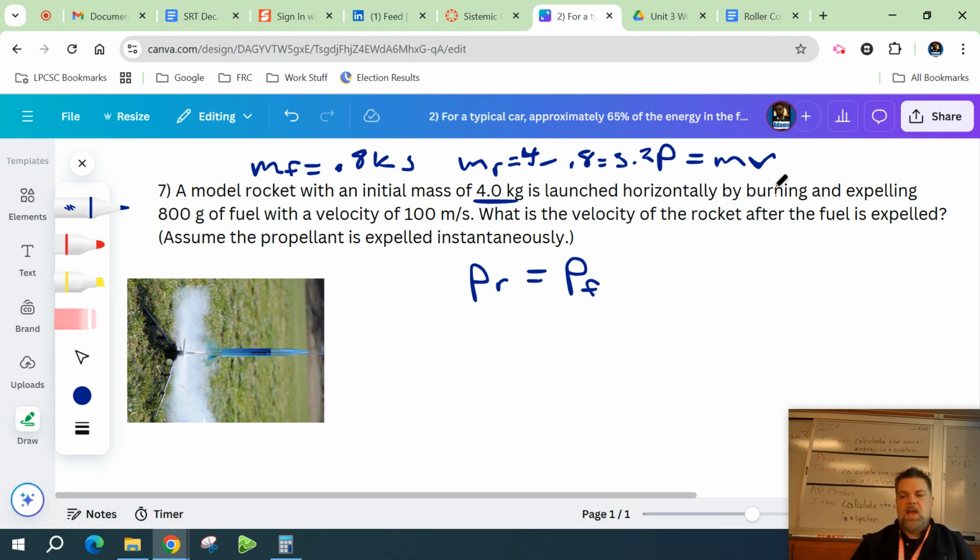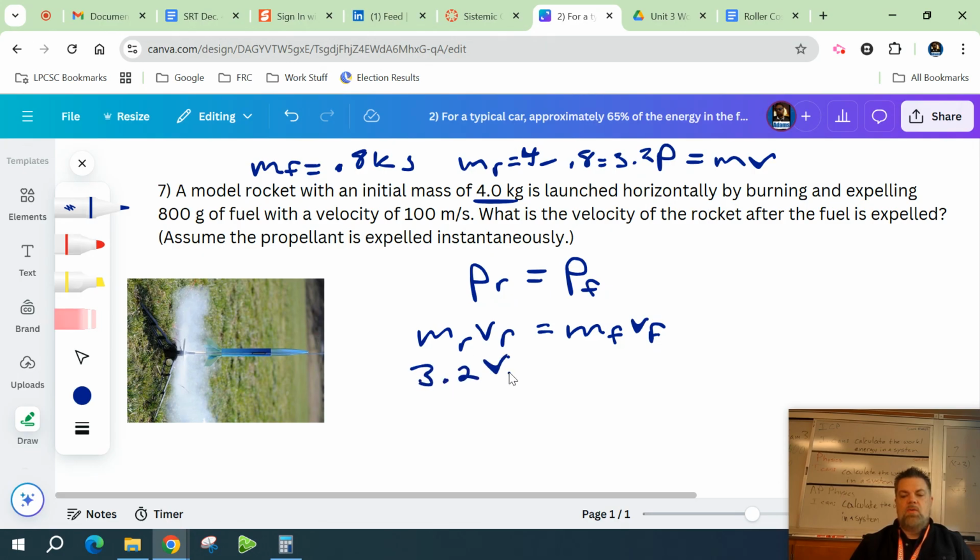So remember that the momentum of the rocket is the mass of the rocket times the velocity of the rocket, and that should be equal to the mass of the fuel times the velocity of the fuel. Okay? So then what I'm going to end up with is the mass of the rocket is 3.2.